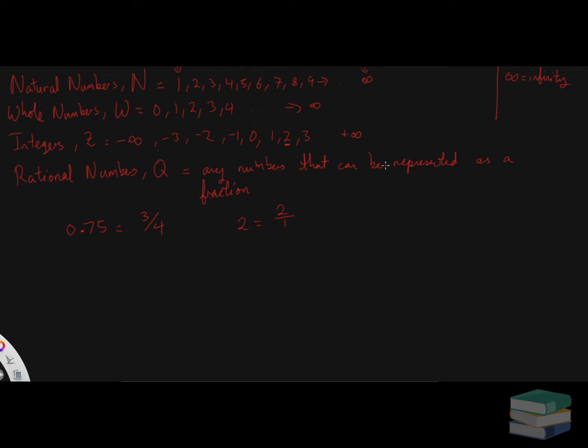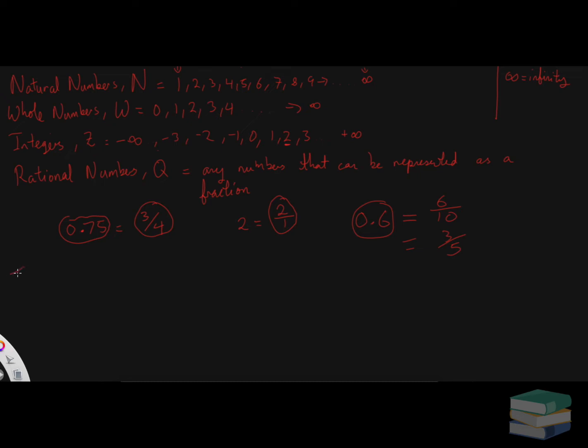So basically, a rational number is any number that could be represented by a set fraction. So another example is 0.6. This could be represented by 6/10, or 3/5. So all these are rational numbers.